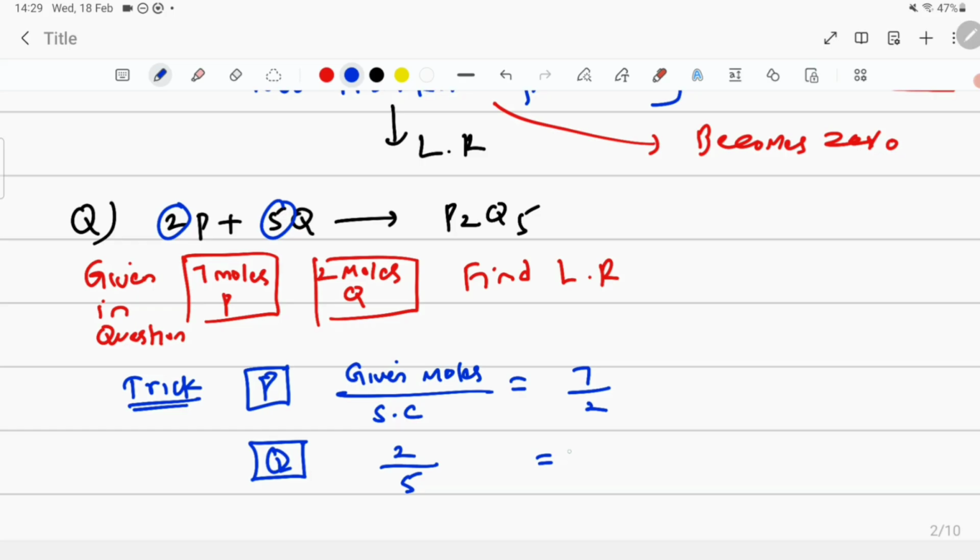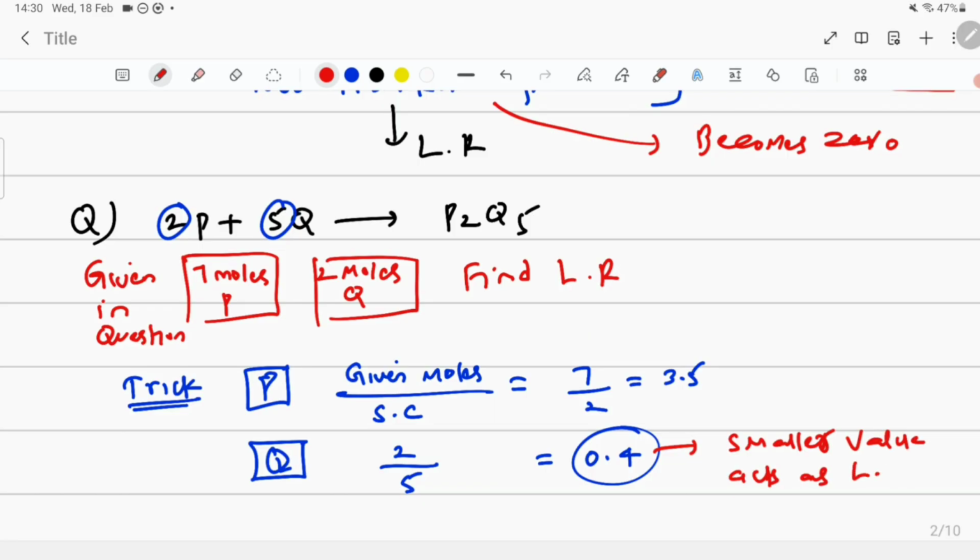Once you see the calculation, here we are getting 3.5 and here 0.4. Among these, the lower, smaller value acts as the limiting reagent. Hence here Q is the limiting reagent.